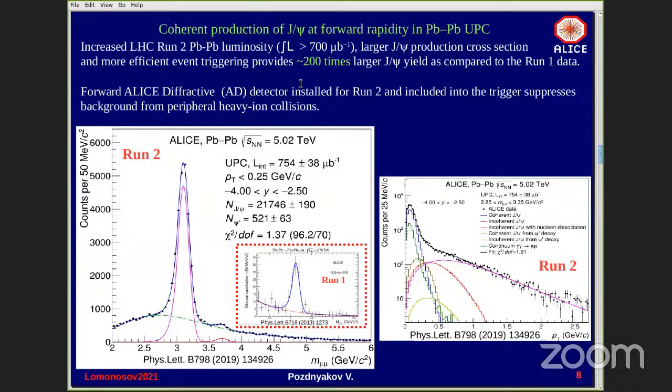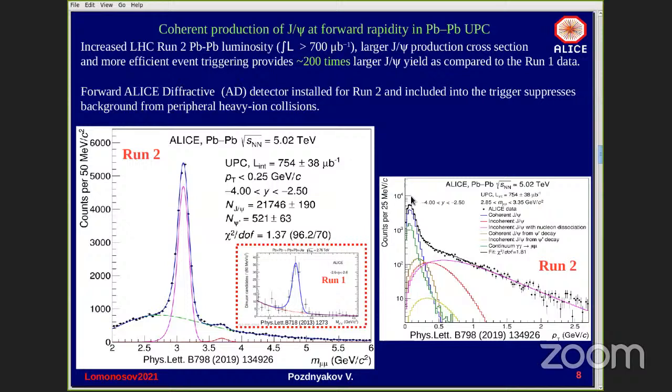So we increased the statistics of our sample by approximately 20 times. So you see, it's a pT distribution of J/psi, in logarithmic scale. The main source, the subject of our interest, is coherent J/psi. Also, we have two-photon production, and others are one order smaller.